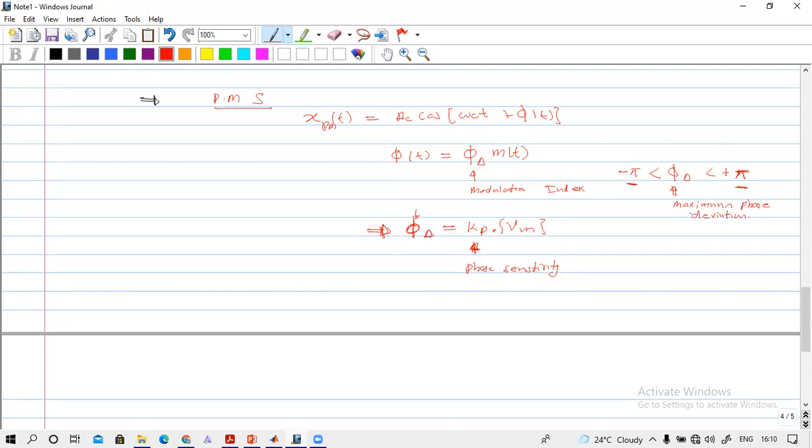If the maximum phase deviation is somehow, let's say, in this region, like 1 to 10 or something, you can see that from here to here it is 210, but from here to here it is 150.